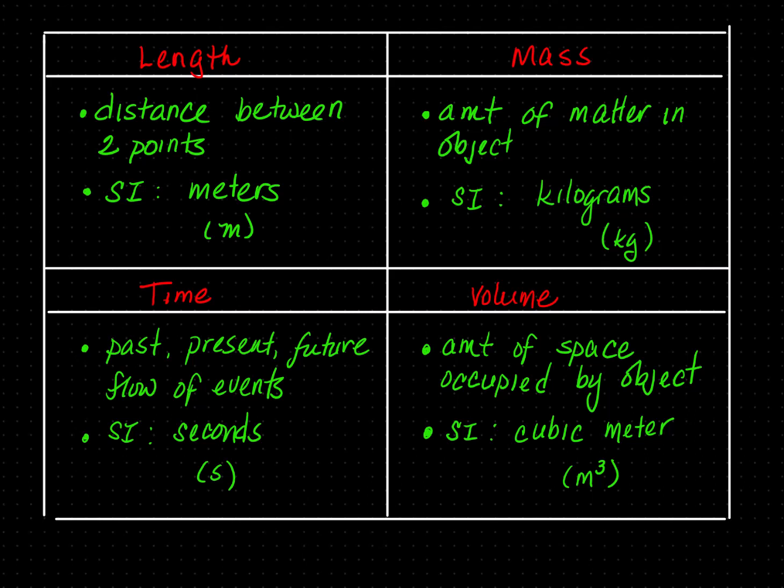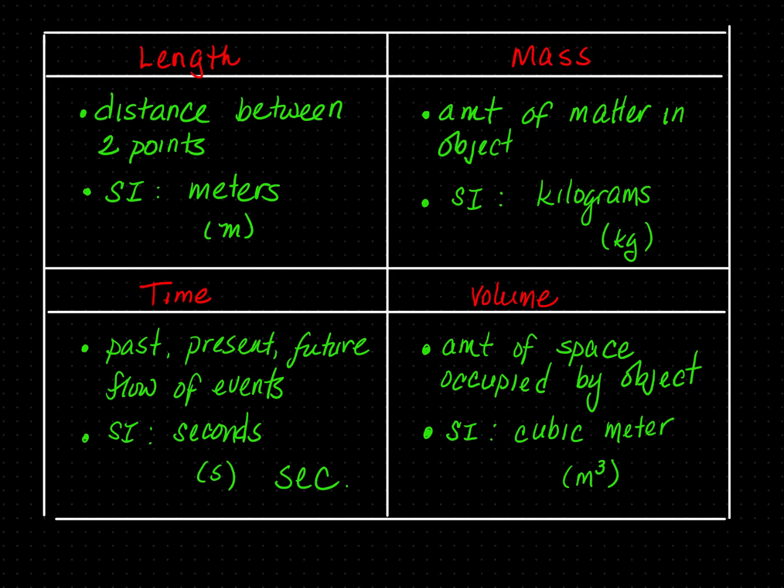Mass is the amount of matter in an object. The SI unit is kilograms, kg. It is not grams. Time is the past, present, future flow of events. The SI unit is seconds, abbreviated s. Sometimes you will also see it as sec.